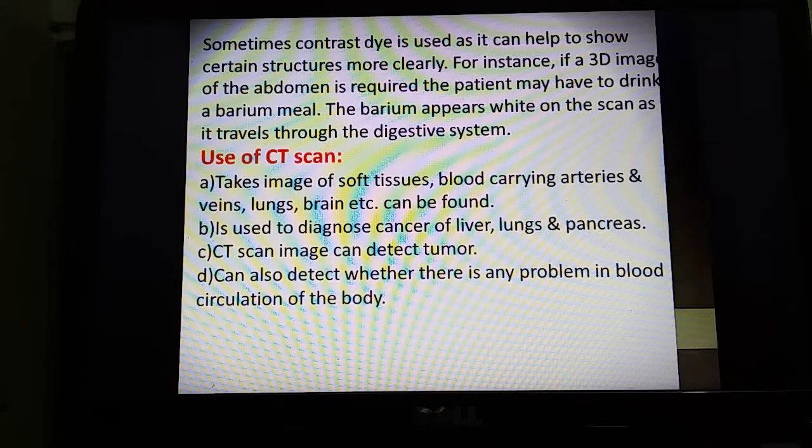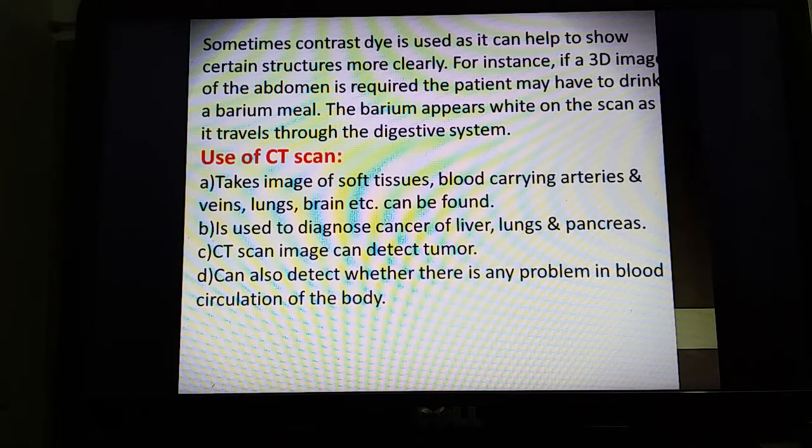In this CT scan, we are making many slices of images of an organ, and then combining all those images, we get a full clear image of that organ. So this is the most prominent term about the CT scan, and why it is more advantageous than X-rays.